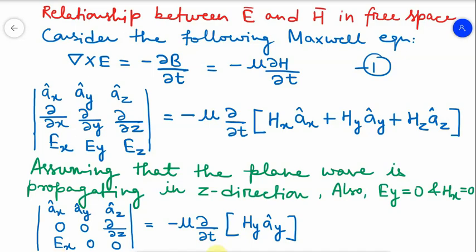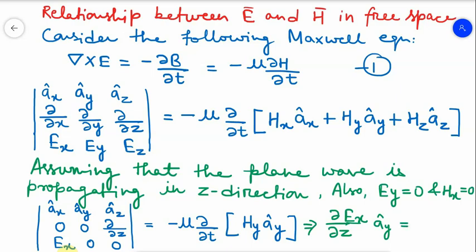So along ay we get 0 and minus of this del z Ex, and that minus with this sign will get cancelled out, so here it is del z Ex, and the direction will be along ay because we have resolved this along ay.